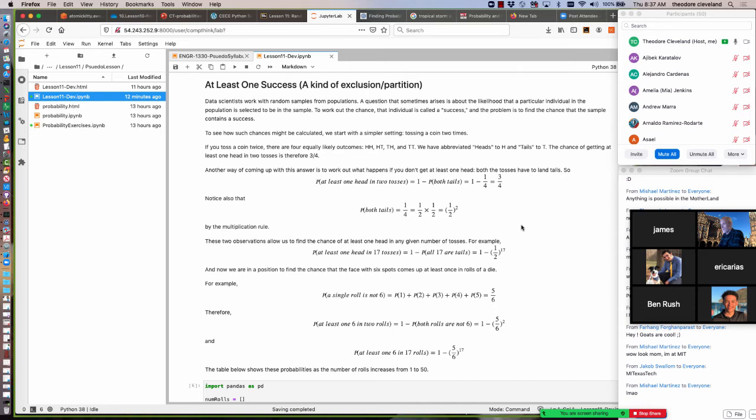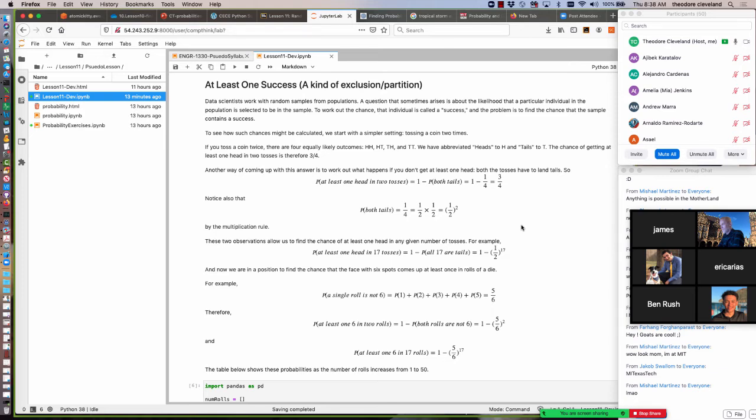We also can look at the probability that we get both tails, which is simply the multiplication rule applied to the tail outcome. So in each toss, the probability of a tail is 1/2, and if we want to obtain that in 2 tosses, the result will be 1/2 times 1/2, or 1/2 to the power 2.